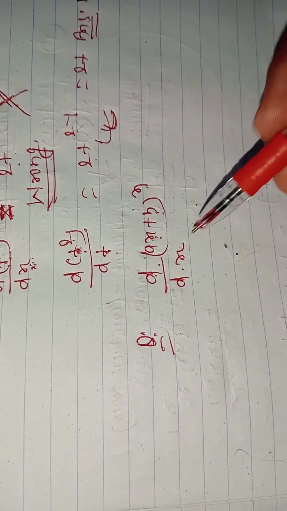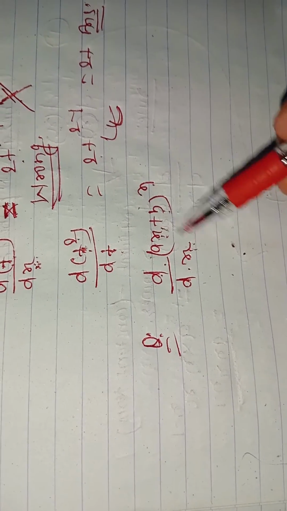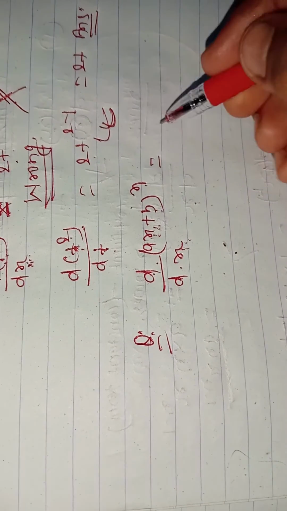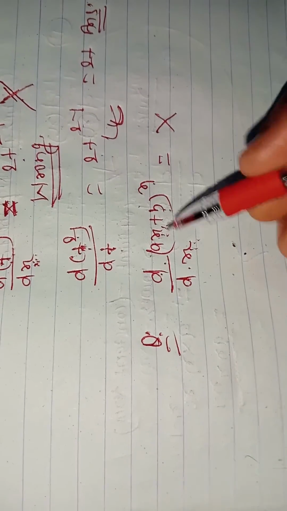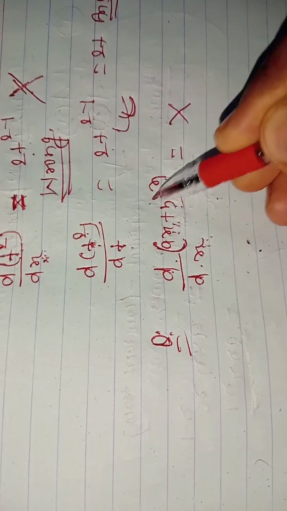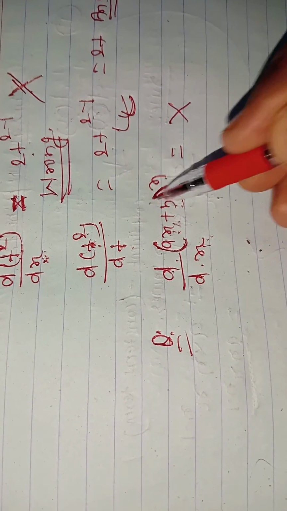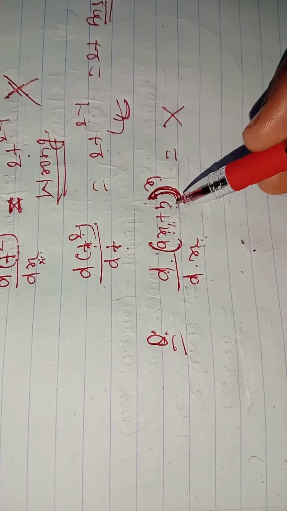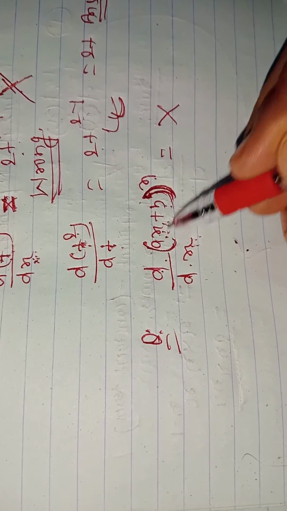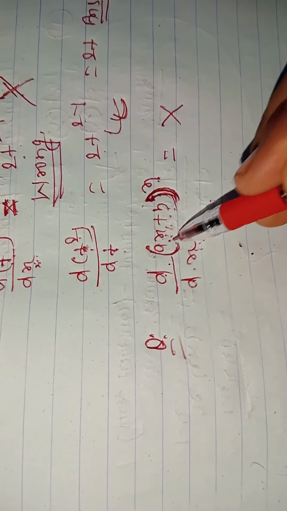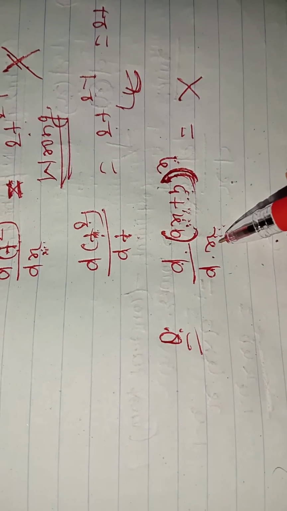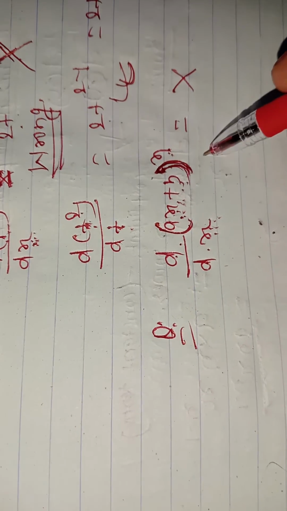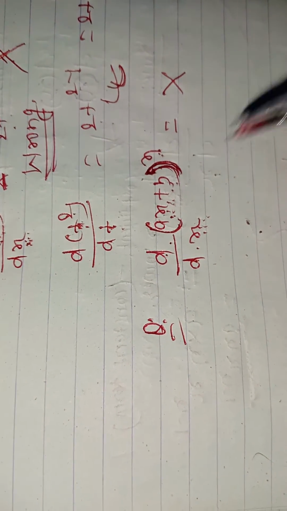Now if anybody asks you, can you find the derivative in this condition, you should reply, no, we cannot find the derivative in this condition, because the power of the whole component here is (ax plus b) power n, but here is only x, so how can we make the derivative? It is impossible for us to calculate the derivative.